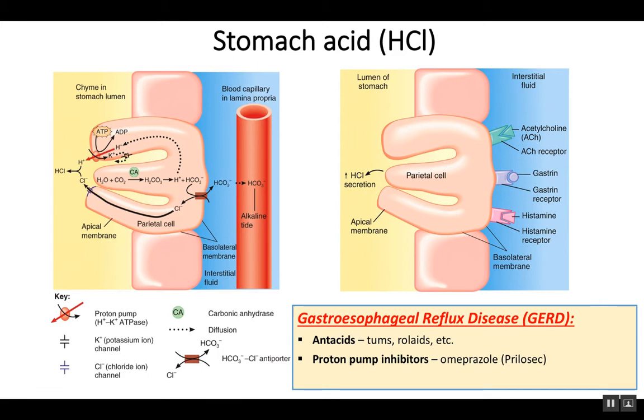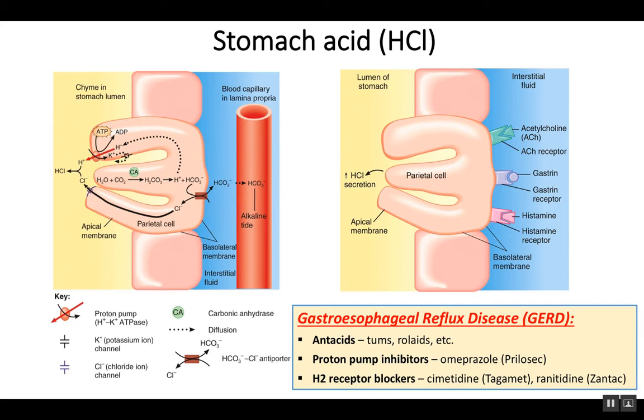There are proton pump inhibitors like omeprazole or Prilosec, and those are pretty strong acid reducers because they get right to the source. They're going to block the proton pumps and therefore block the production of the acid directly by inhibiting those proton pumps.